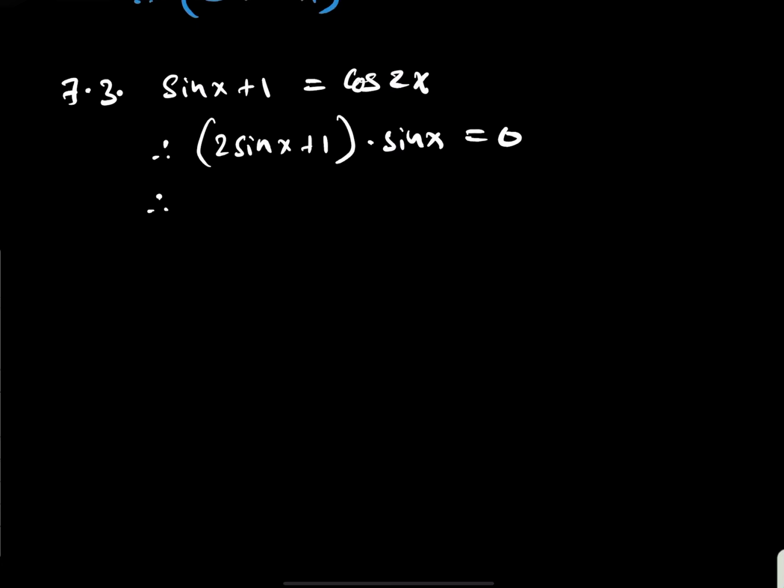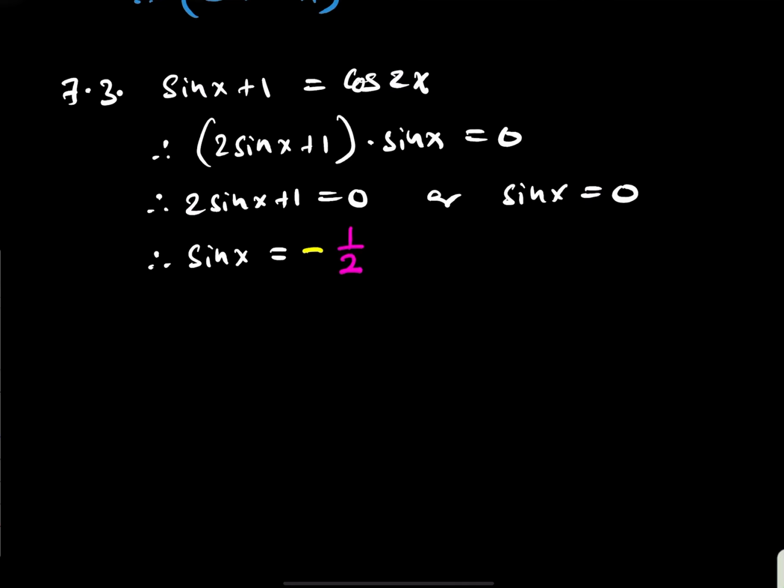So 2 sine x plus 1 must be 0, or the other factor, sine x, is equal to 0. Now observe that you can make sine x the subject of the formula here. So sine x is equal to a negative, that is negative 1 over 2, or sine x is equal to 0.